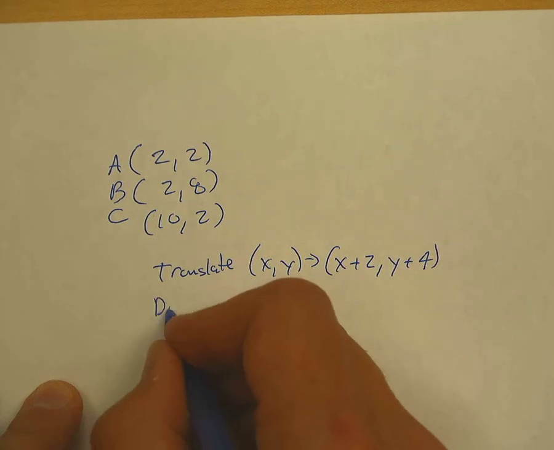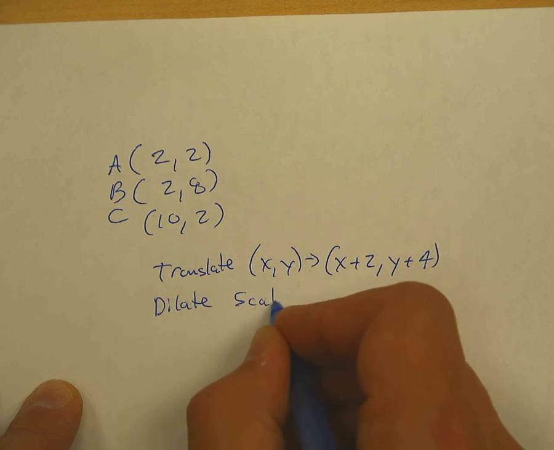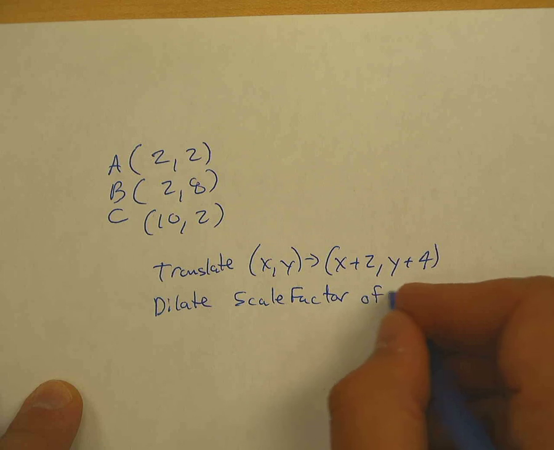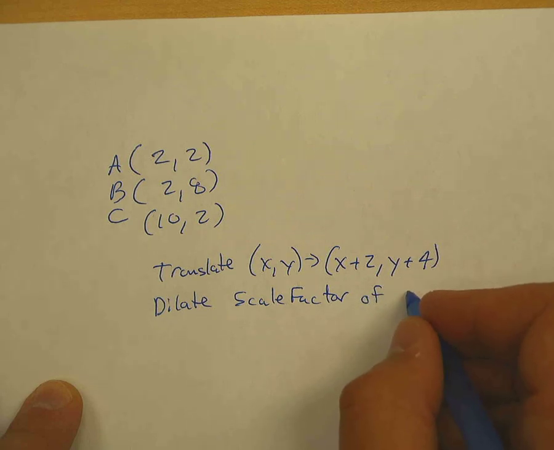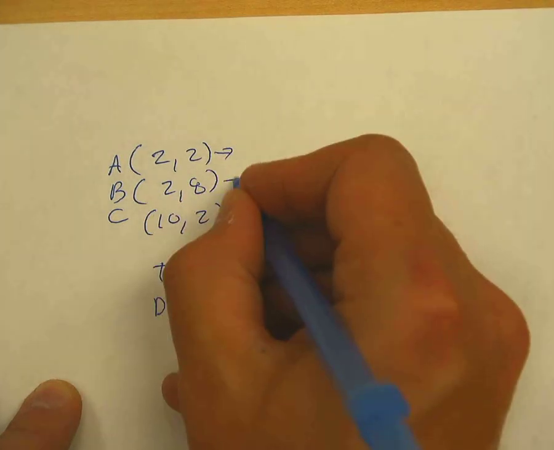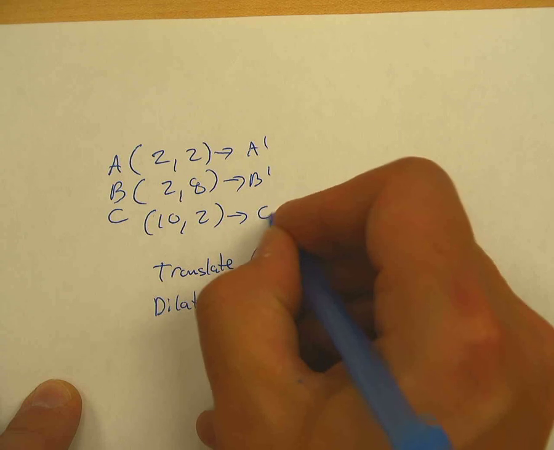And then we'll dilate it by a scale factor of, let's say, 1/2. So first thing I have to do is I have my A prime, B prime, and C prime.